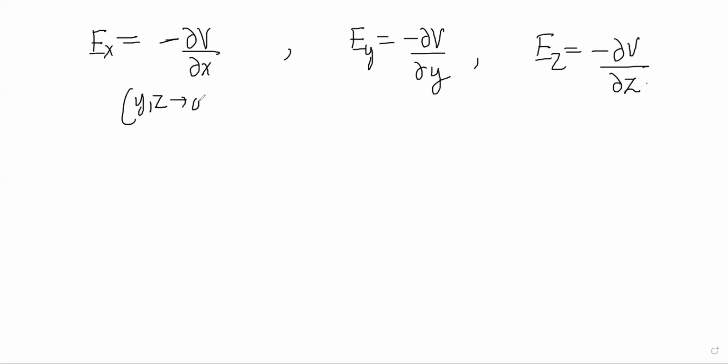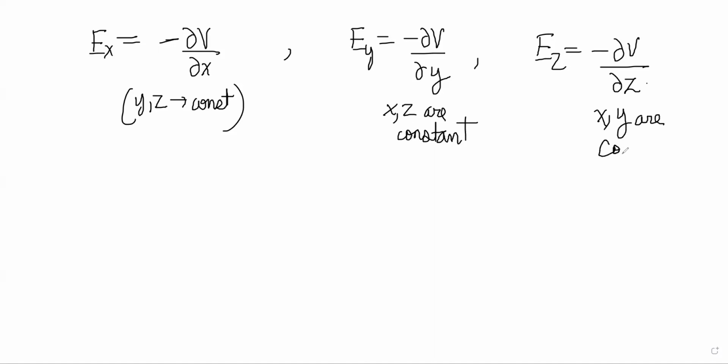Here, y and z are constant. Here, x and z are constant. And here, x and y are constant, right? What I mean is that each time you will move, for example, here you would move from P, which was x, y, z, to a point P double dash, which is x comma y plus dy comma z.